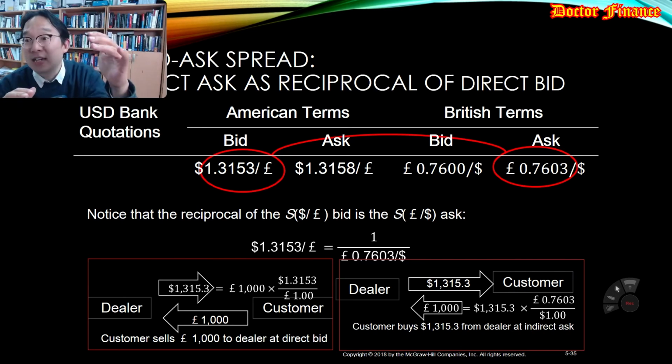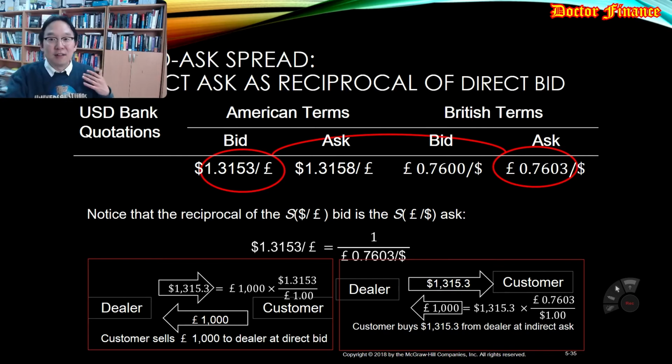When the dealer is buying British pounds from you, they want to buy at the bid price and then sell the British pound at the ask price. From your perspective, it's the other way around. You want to sell your US dollars to that dealer at the ask price, and you want to buy US dollars at the bid price from that dealer, right? So it's a reciprocal relation going on.